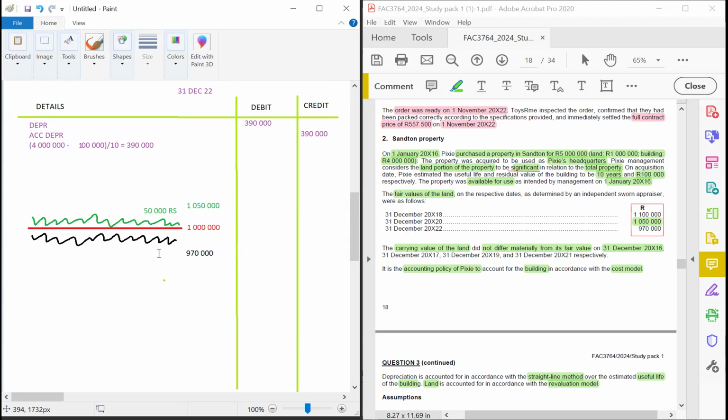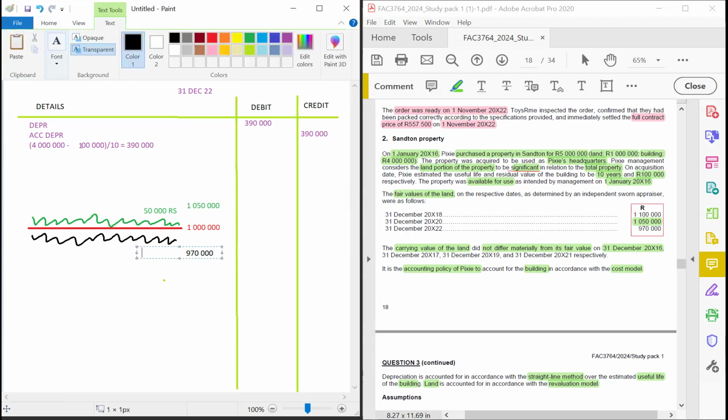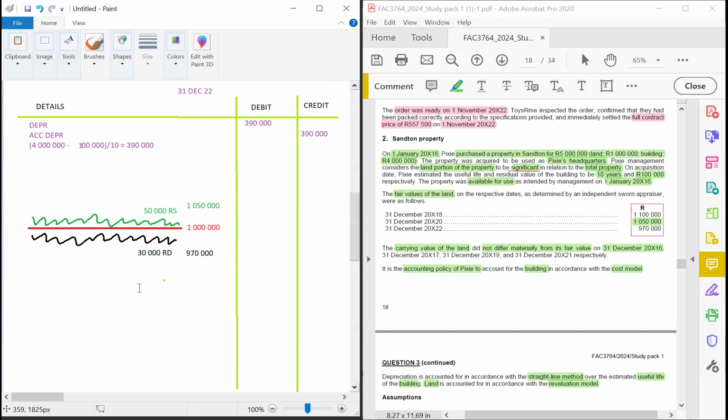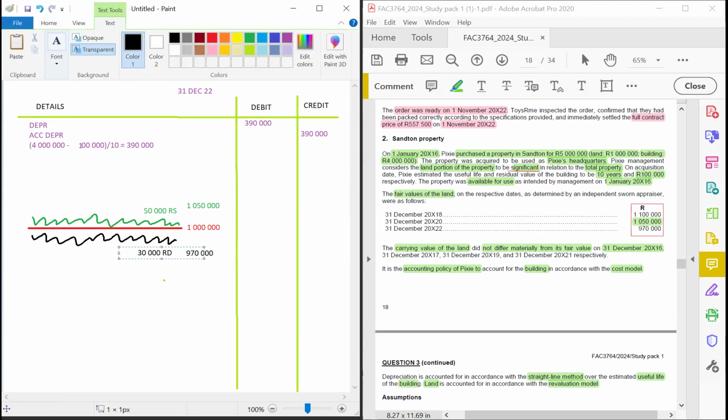So here we have a 30,000 revaluation deficit. Now, why am I just drawing the line? Because I could have just done one journal. But one thing that students always confuse: when you are below the cost, this thing goes into P&L.